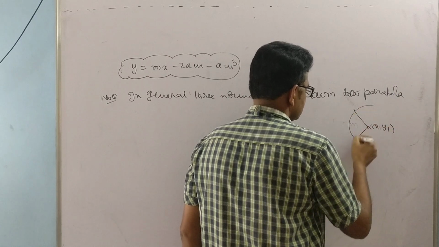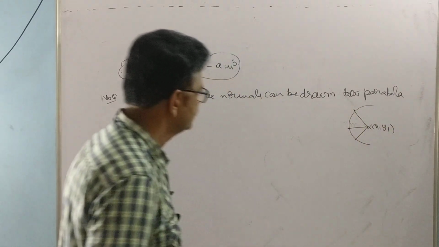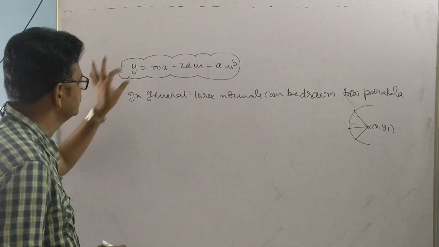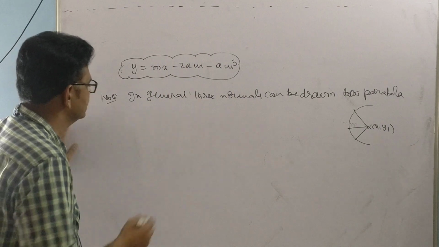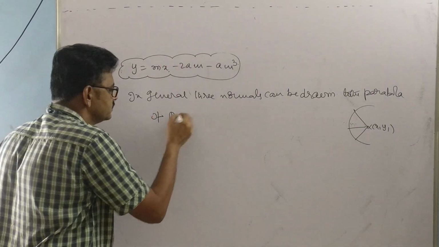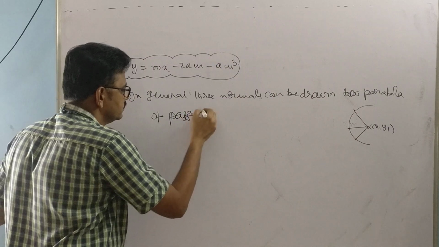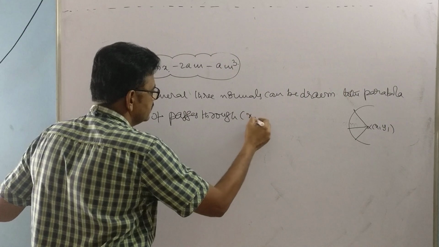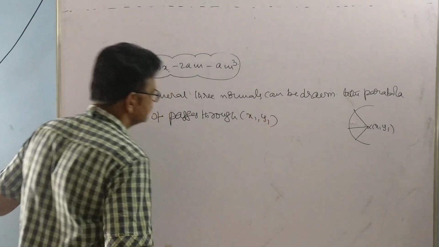So this is one normal. What is the equation of normal in slope form? This one. It passes through the point x1 comma y1.